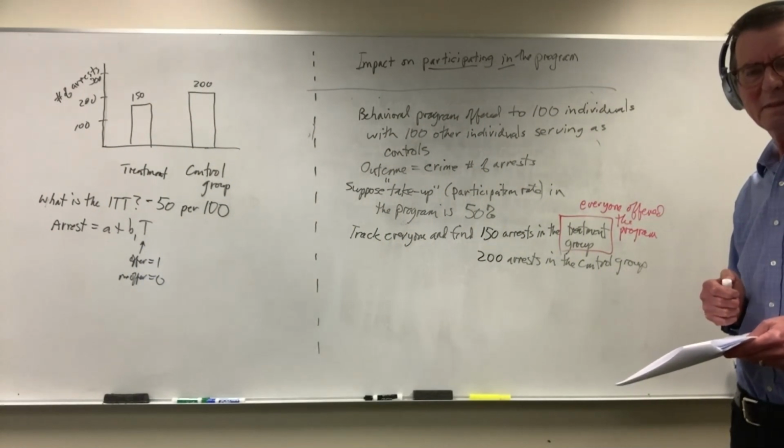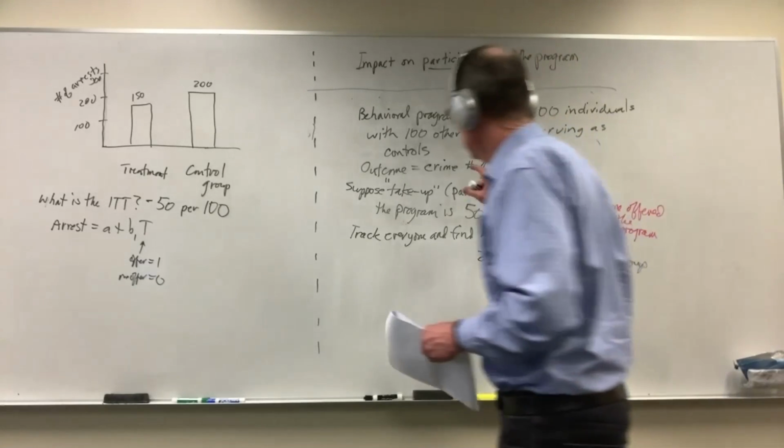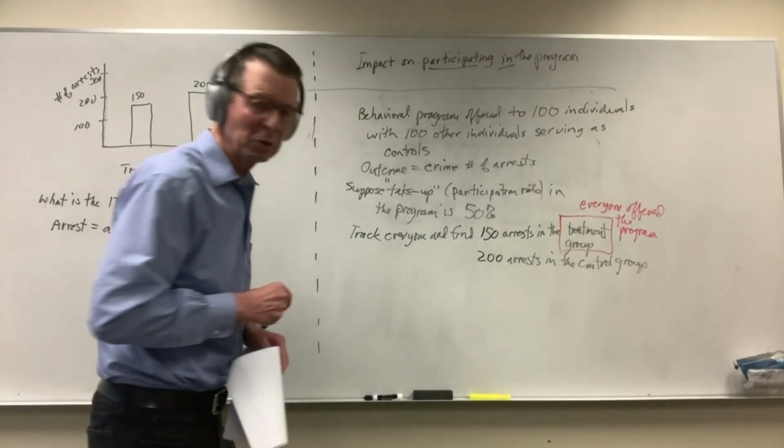Anybody else want to give it a try? Greg, is the participation rate based on just the treatment group, or do we include treatment and control group? I'm sorry, we're assuming that there's no take up in the control group.